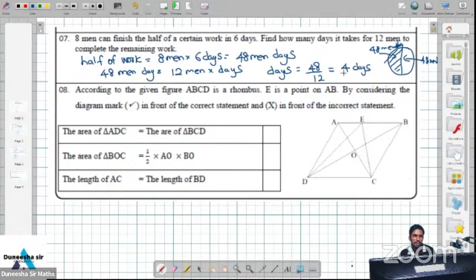By considering the diagram, mark a tick in front of the correct statement and a cross in front of the incorrect statement. Can you do it? If you finish, raise your hand.